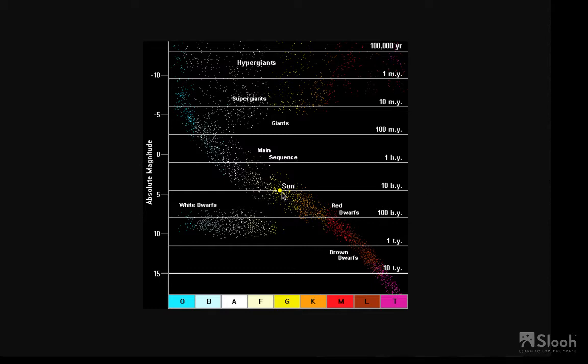So we see a star like our sun, or not, but I'm just going to use our sun as a reference. We know its brightness, we know its mass, we know its age. If we see a brown dwarf around it, based on the brown dwarf's orbit, we can determine the mass of the brown dwarf.